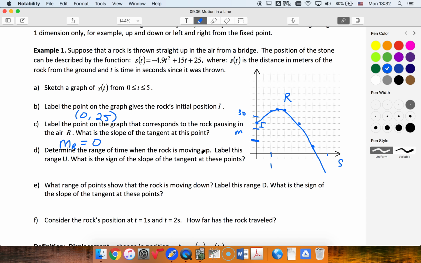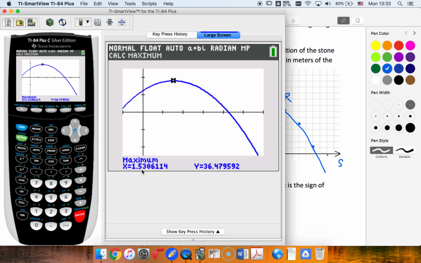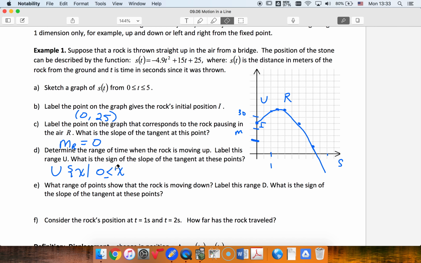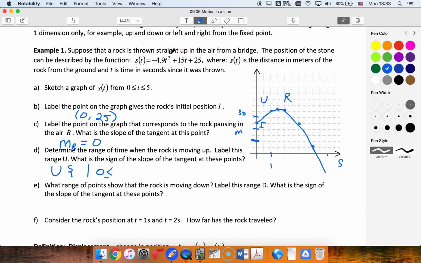The range of time where the rock is moving up: it's moving up from 0 until I hit that maximum. So my range U is in this area. I could say U is T such that we're between 0 and 1.53. In this case, I'm not using X, I'm using T. So I'm going to say less than 1.53 because I know at 1.53 that's my max.